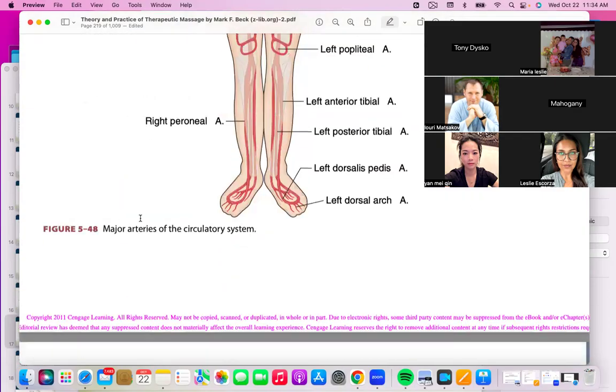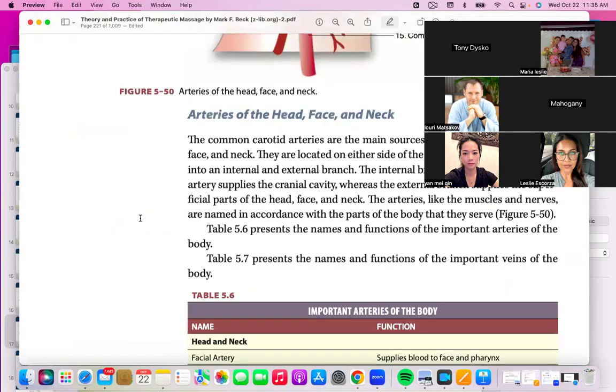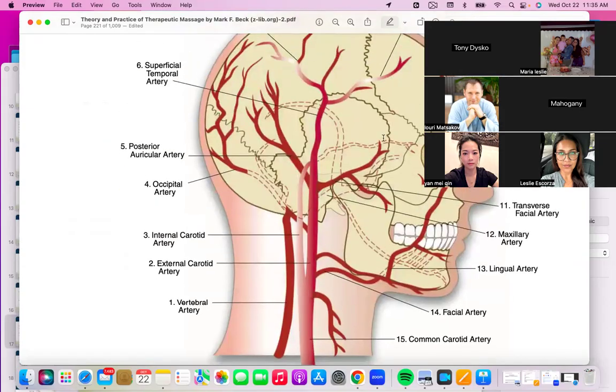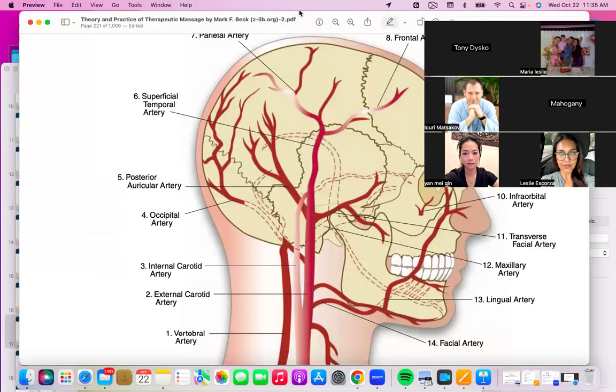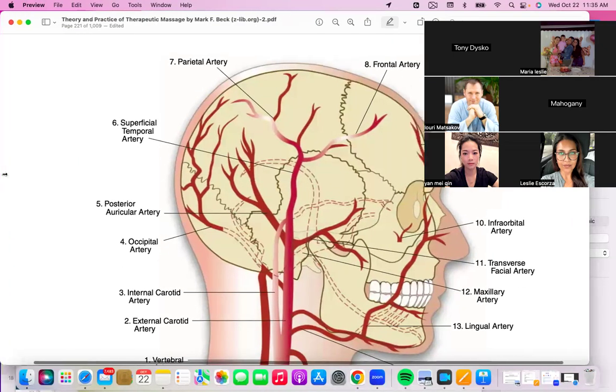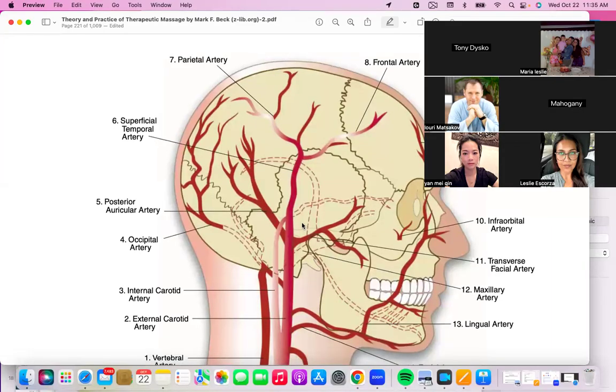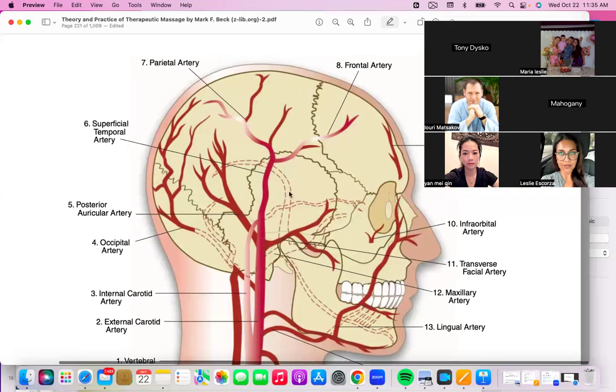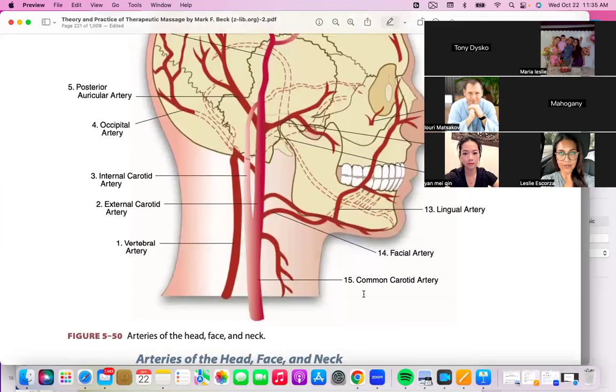We went through this map, but here's a closer look to get an idea of the supply of the main arteries where you can measure your pulse. Okay, and to get closer into the names. As you can see here, we have the main artery, which is the common carotid artery.